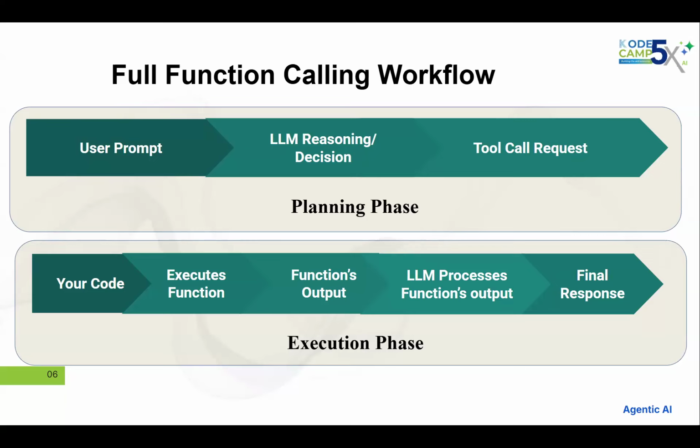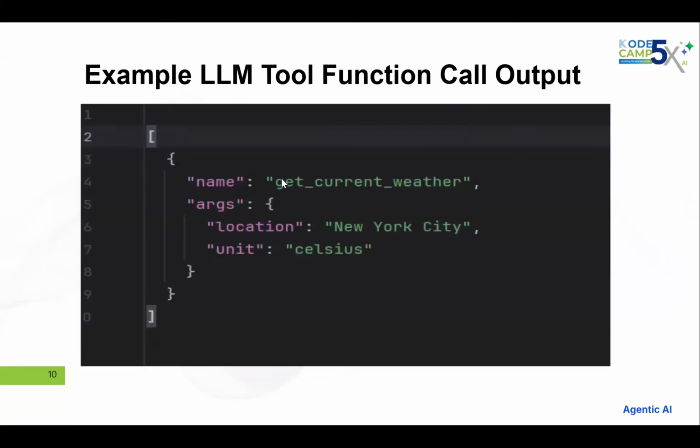We called it the environment, the execution mechanism in the last class. So it's left for your code to execute that function. Using this example, that would be get current weather. Your code will execute it with the arguments New York City for location and Celsius for unit.